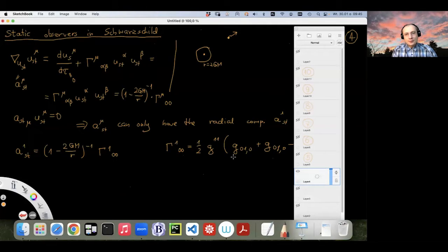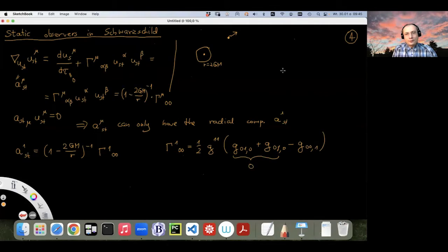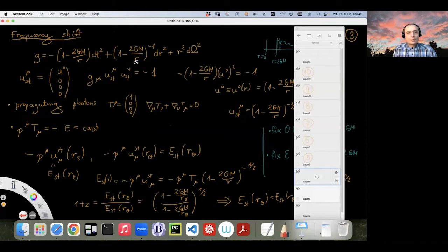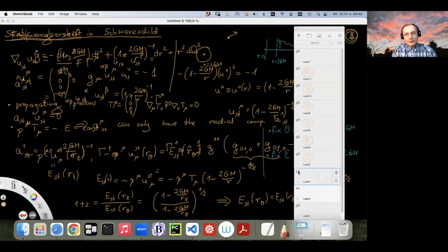So this is 0, because there are no off-diagonal components. We are just left with the derivative of g_00 with respect to r, divided by g_11. The inverse metric g^11 is (1 − 2GM/r), but without the minus 1, because we are looking at the inverse metric.